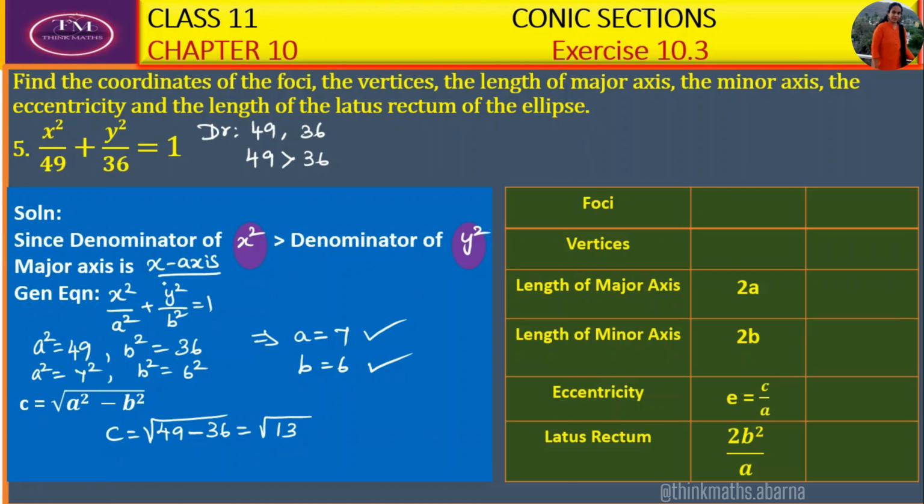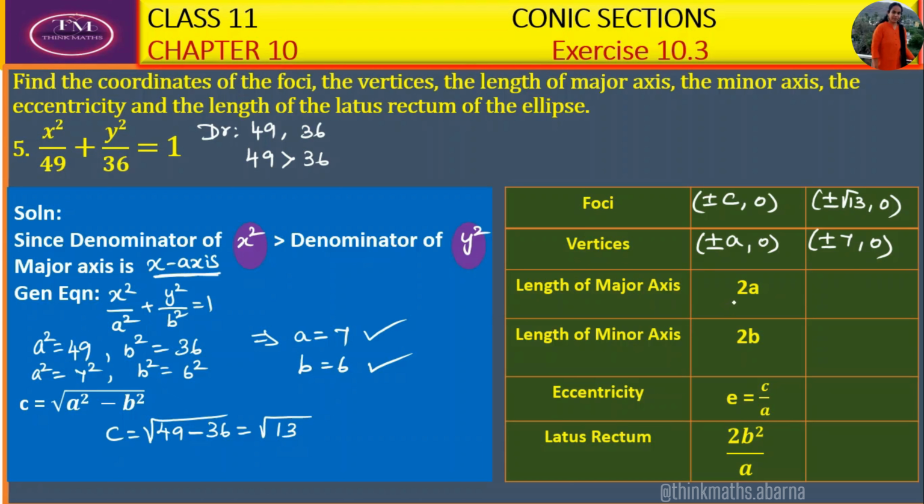Now foci. What is the major axis? It is x-axis. So foci will be on x-axis. Plus or minus c comma 0. So it is plus or minus, what is c? Root 13 comma 0 and vertices is plus or minus a comma 0. So it is plus or minus, what is a, 7 comma 0.